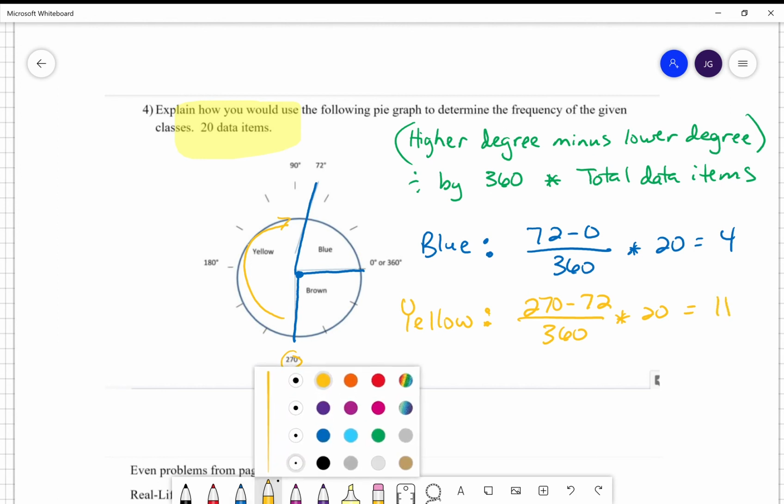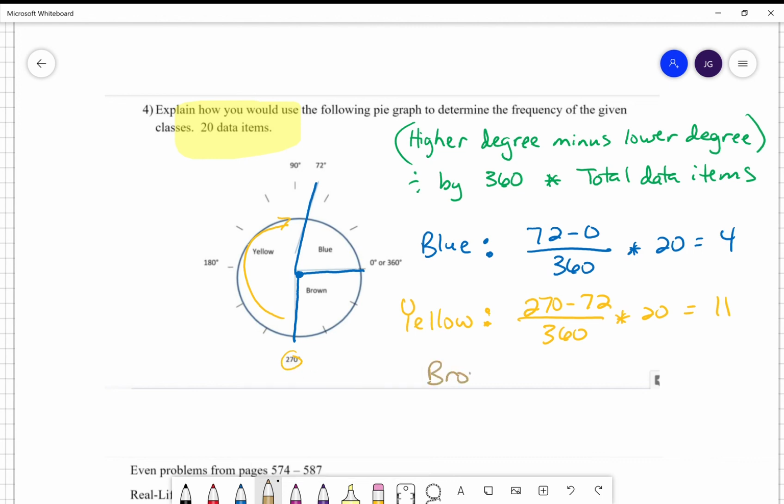And then brown, I don't know if I can get a brown. Close enough.